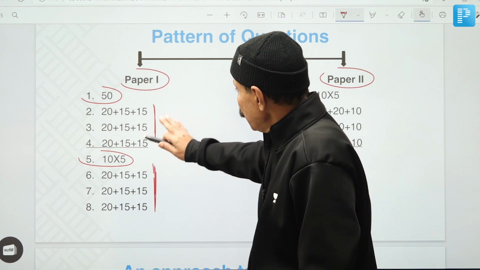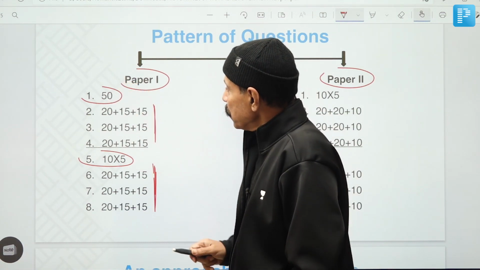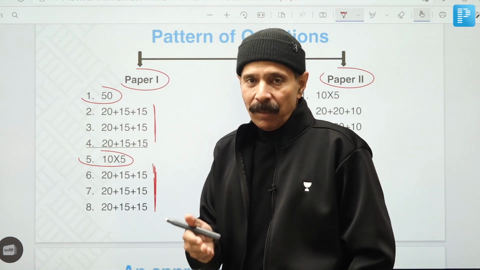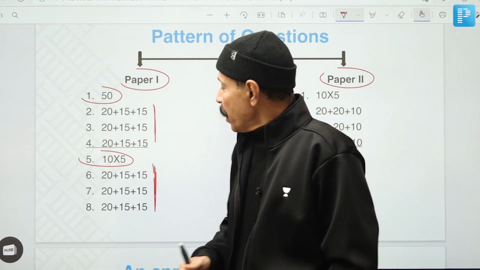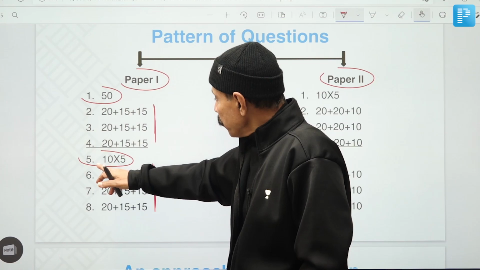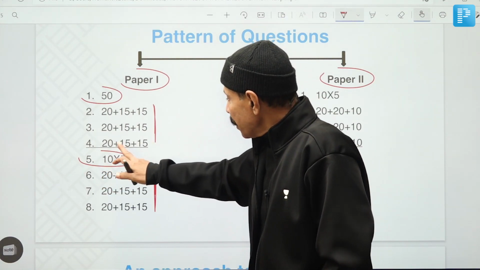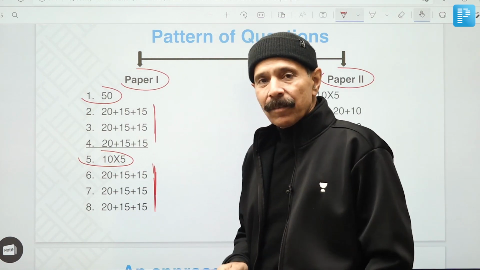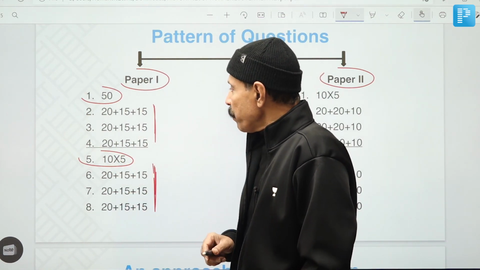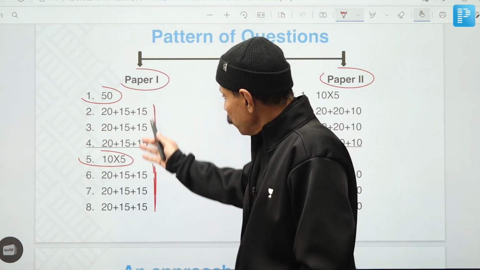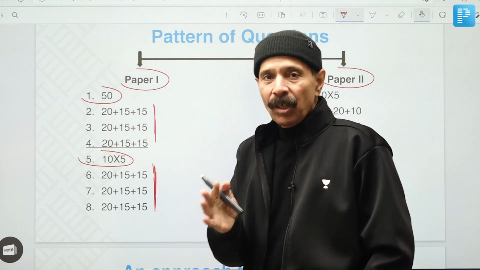And here you find question 1, that is compulsory, carries 50 marks. This is a map related question. And question 5 also carries 50 marks, but there are 10 questions here, so 10 into 5. Besides, in the rest of the questions, there are 3 parts.